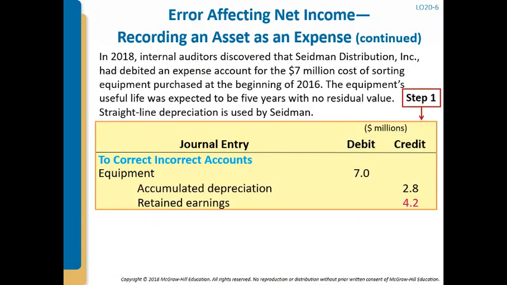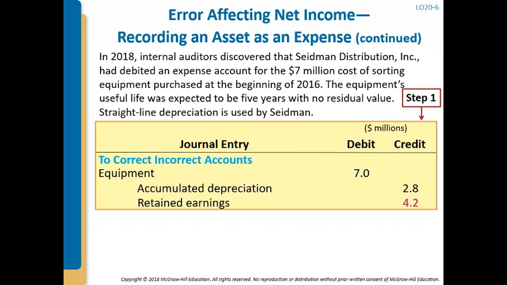And so not only do you add the equipment for $7 million, you credit accumulated depreciation to catch up the accumulated depreciation for the prior 2 years, 16 and 17, to 2.8 million.